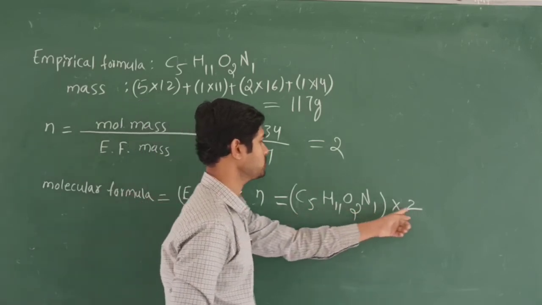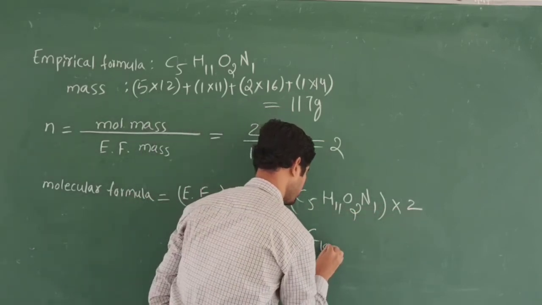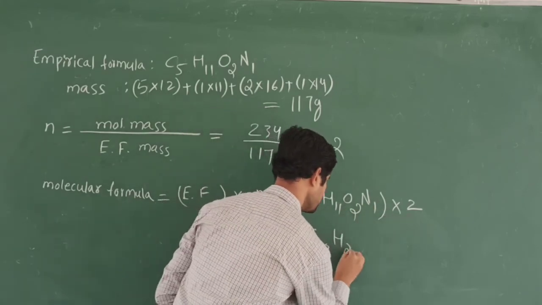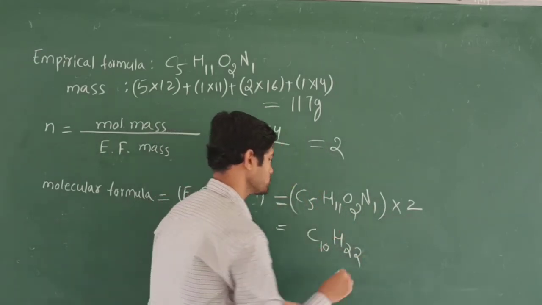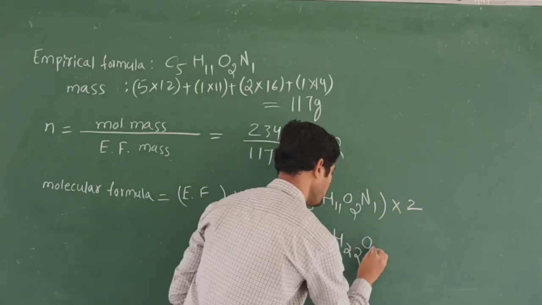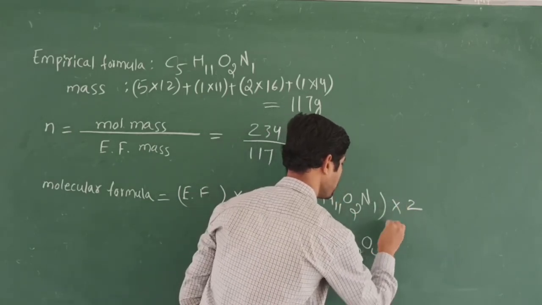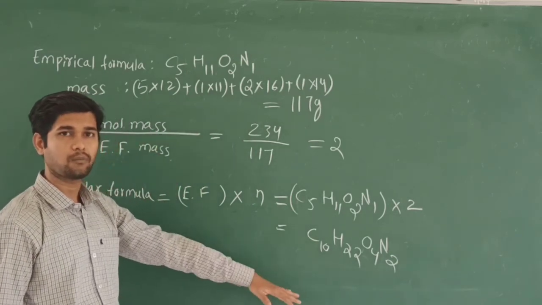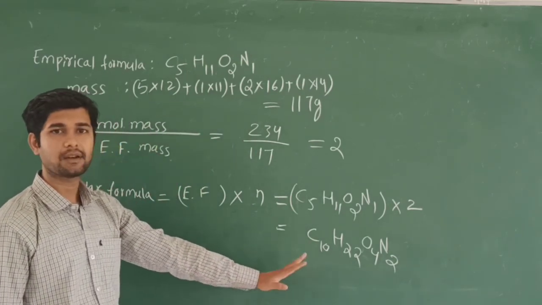Carbon 5 into 2 is 10, hydrogen 11 into 2 is 22, oxygen 2 into 2 is 4, and nitrogen 1 into 2 is 2. So this is the way of finding the molecular formula of the given compound.